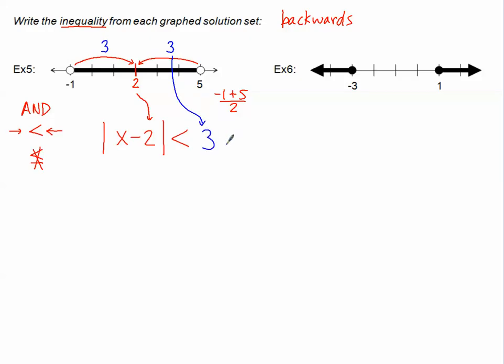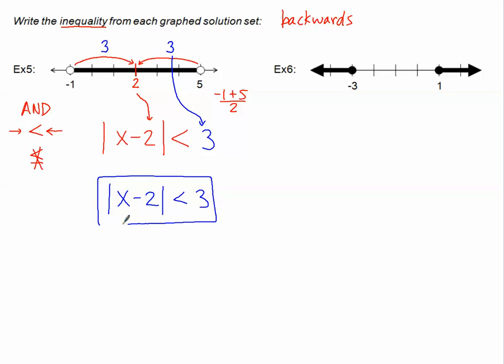And that's it. Find the middle number, and it goes in the middle right here, x minus that number. Find the distance between your 2 points, and that number is your margin of error, and it goes out here. Understand how to figure out the symbol, and we're finished. We have the absolute value of x minus 2 is less than 3.